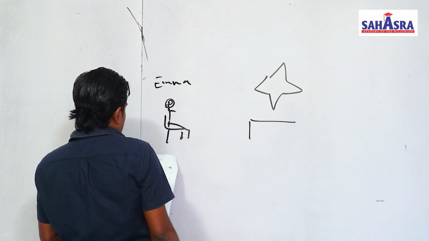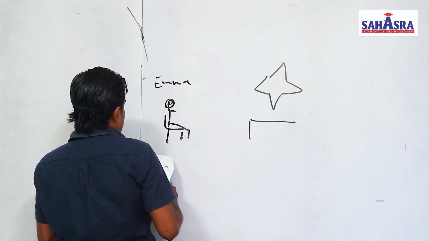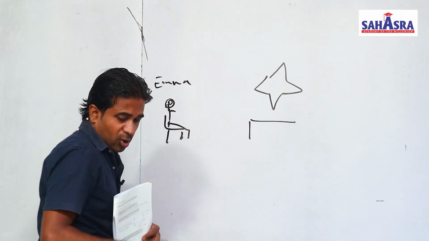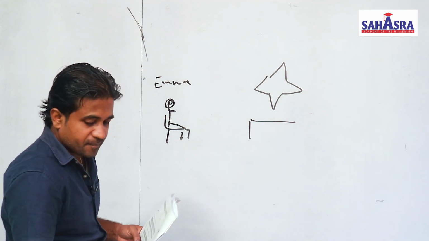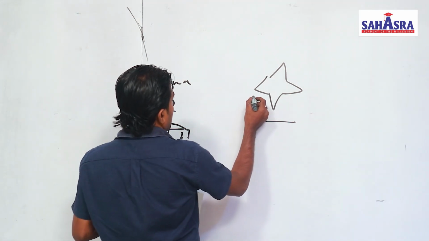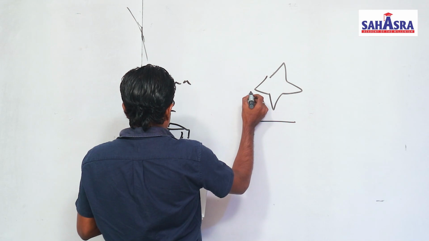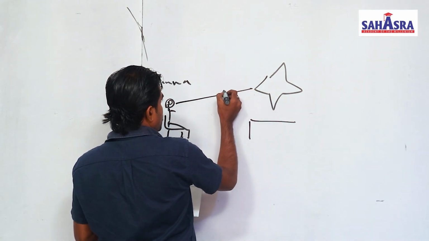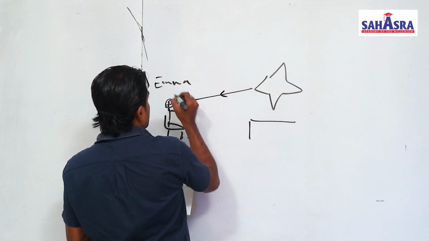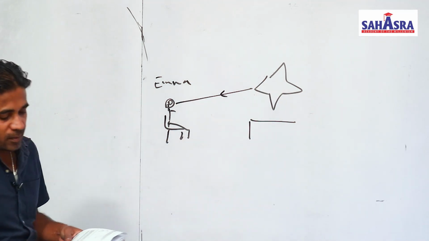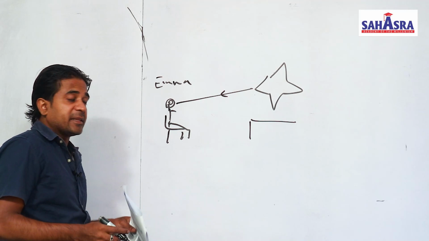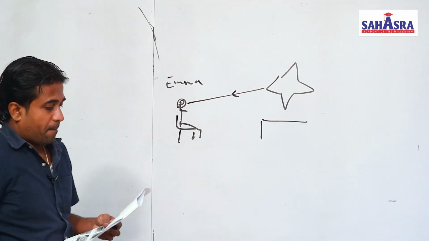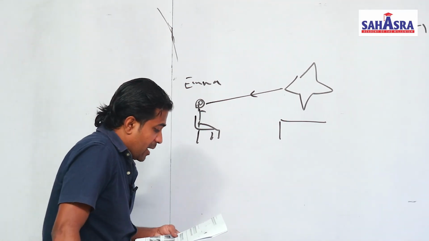Okay, you have to draw a line to show the direction of the light here. Emma is observing by her eyes, so the light should travel from the star to Emma. That's how Emma will see the star or the brightness of the star.